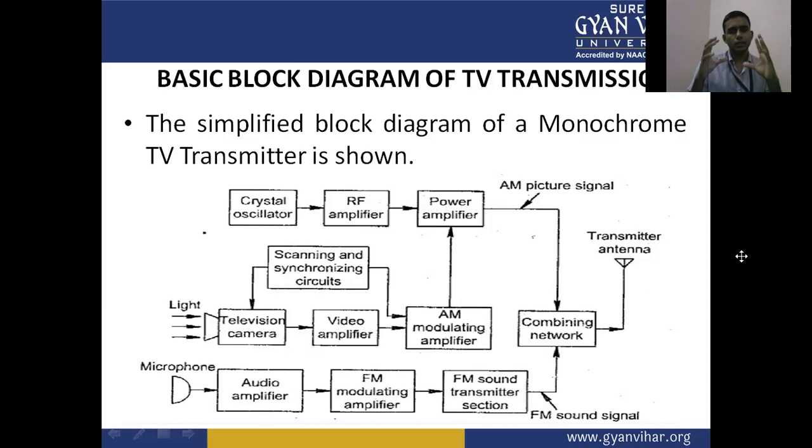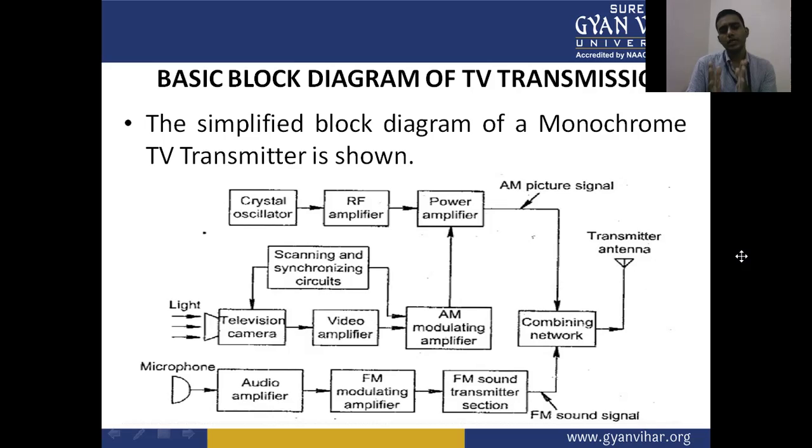So in this block diagram, we have a light signal from the source, and this light signal is captured by the television camera, and the camera feeds the signal to the video amplifier. Then this signal is fed to the amplitude modulating amplifier. The television camera is connected with the scanning and synchronizing circuit.